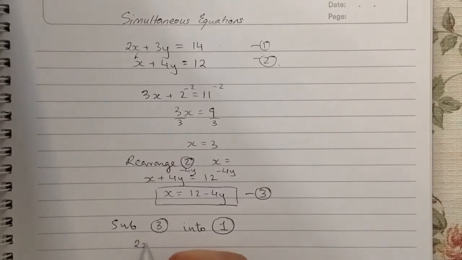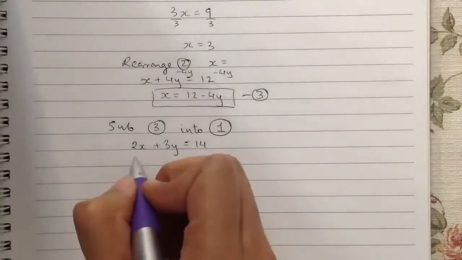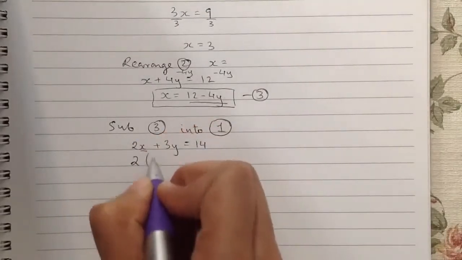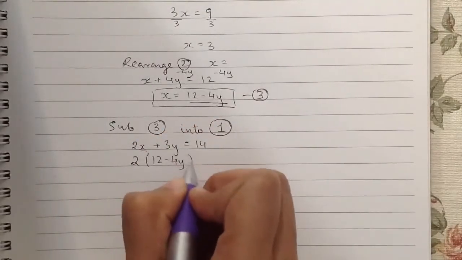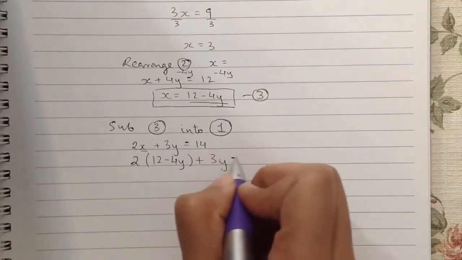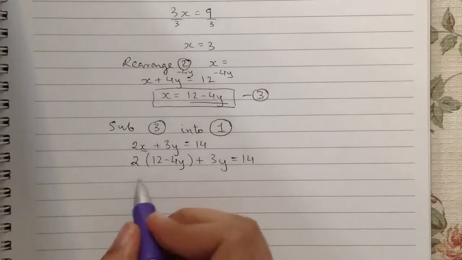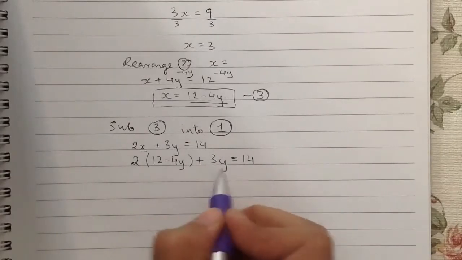So equation 1 is 2x plus 3y equals 14, which is 2 times x, which is 12 minus 4y, plus 3y equals 14. So now we have one equation with one unknown, just y.